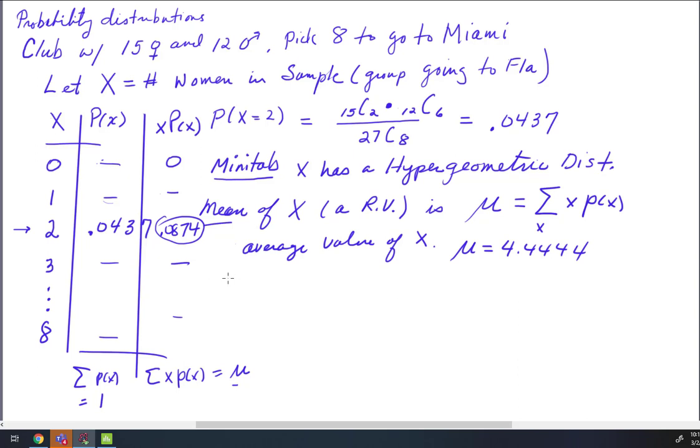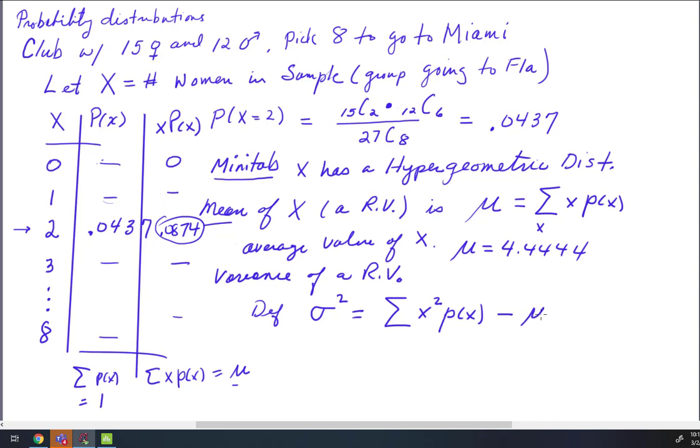We also can talk about the variance of a random variable. By definition, the variance, we'll use the Greek symbol again, is sigma squared, and that can be calculated as the sum of x squared p of x minus mu squared.